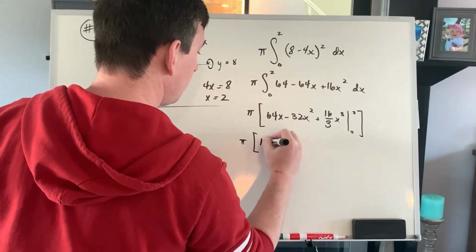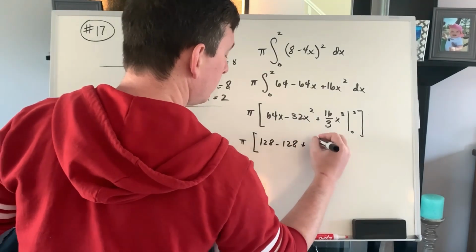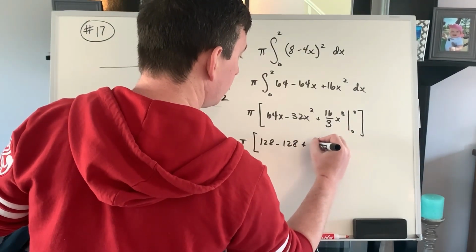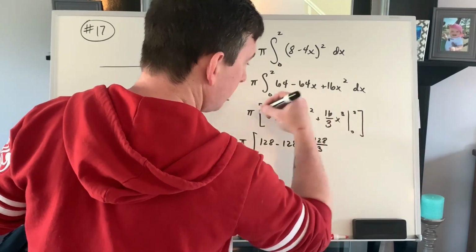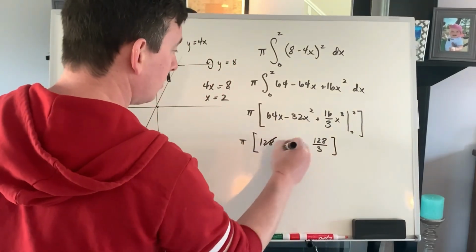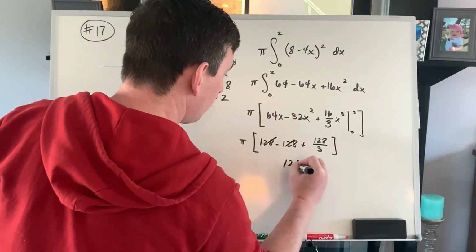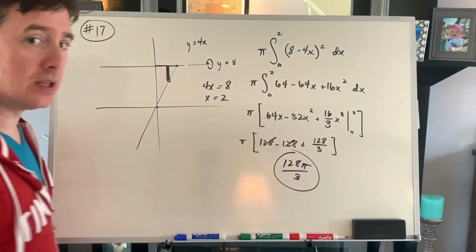Minus 0, if I plug 0 in, that's not going to do anything. So there we go, they cancel, that's nice. 128 pi over 3. There you go, that's your answer.